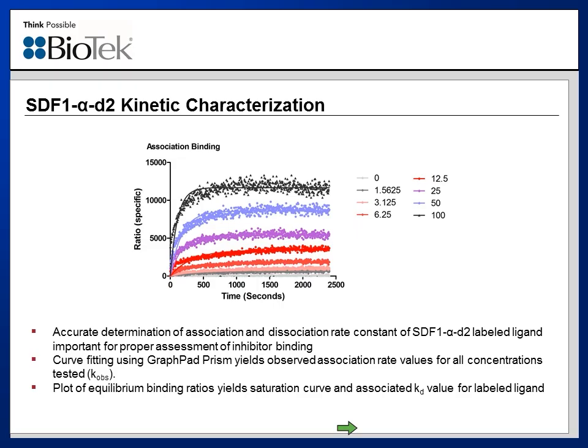Therefore, an associative binding experiment was first performed using the acceptor fluor labeled ligand that I just talked about previously. Then by plotting the HTRF ratios, those values over time for each of the ligand concentrations tested, which you see with all the different curves that have been plotted here, the observed binding values, or the K-obs, can then be generated.